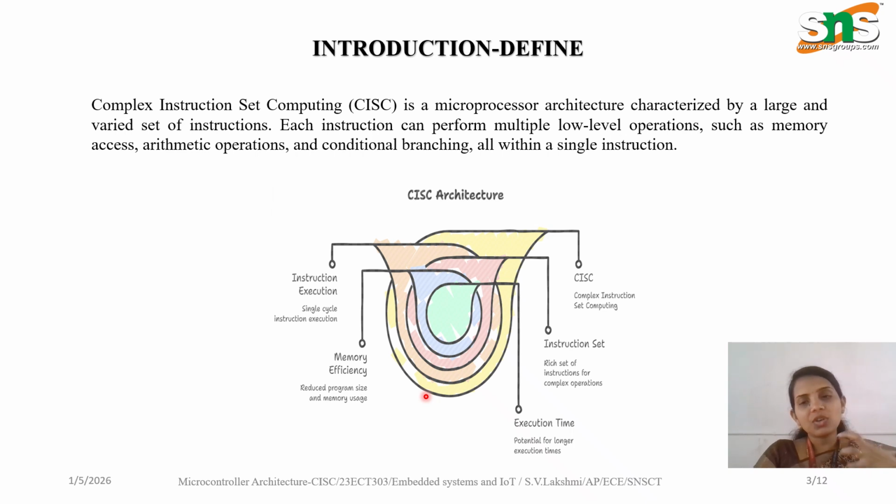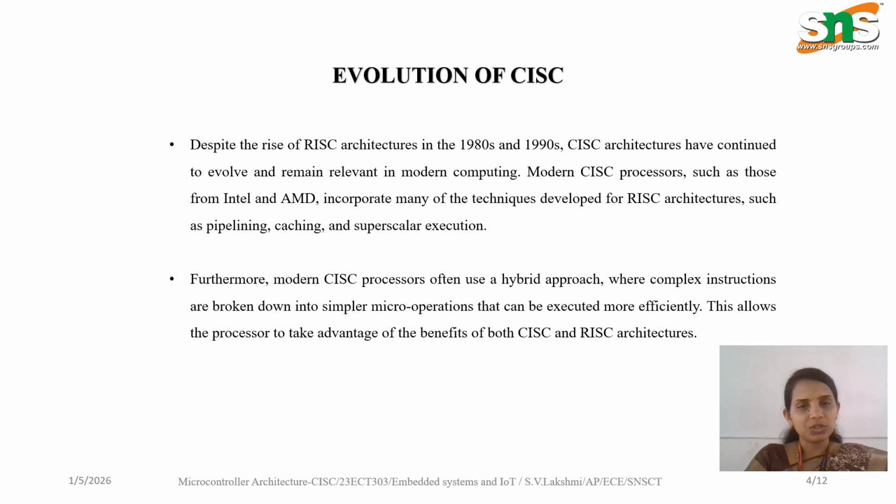Instructions are larger than one word size, and may take more than a single cycle to get executed. There are fewer general purpose registers as operations get performed in the memory itself, and it has complex addressing modes, and the execution time is larger. Each set of instructions is for a complex operation. So these are the characteristics of the CISC architecture.